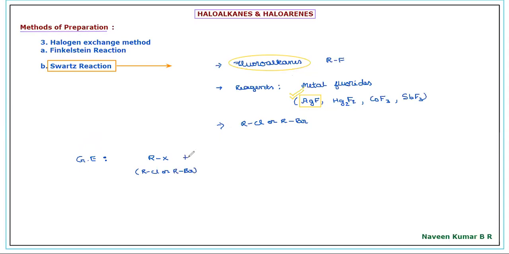If it is treated with the metal fluoride, silver fluoride, a halogen exchange reaction takes place. The fluoride ion replaces the already present halogen from the alkyl halide. As a result, fluoroalkane is obtained, and AgX is obtained as a product, where X may be either chloride or bromide.